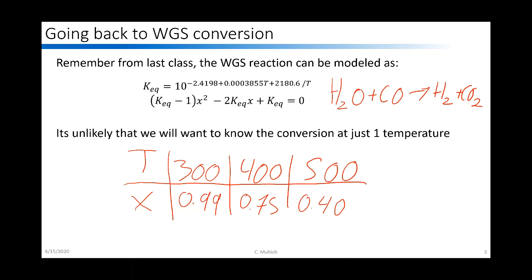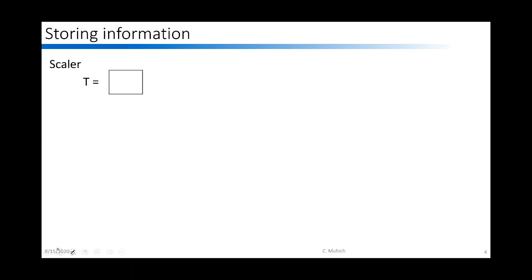So what we need to do is move out of this mentality where we're only looking at a single piece of information. What we did yesterday is we were using what's called a scalar, or a single block of information. Like we talked about yesterday, we can think of that variable, say temperature, as having a box, a place where we're storing this information.